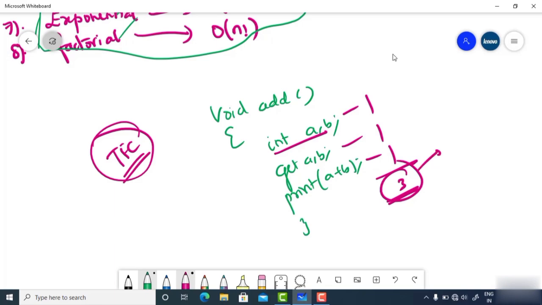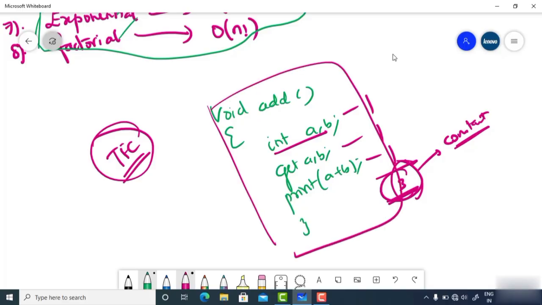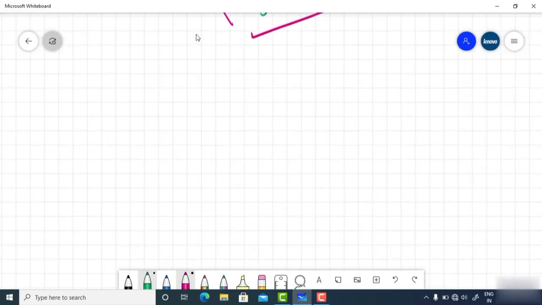So 3 is a constant. Whether it is 3 or 4, it is taking constant time. Because of that, the time complexity of this algorithm is O of 1, the constant time complexity, because this takes constant units to execute.